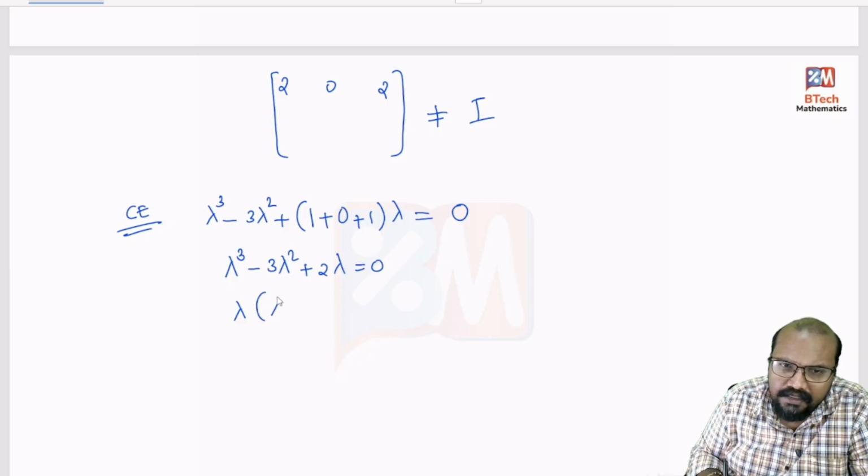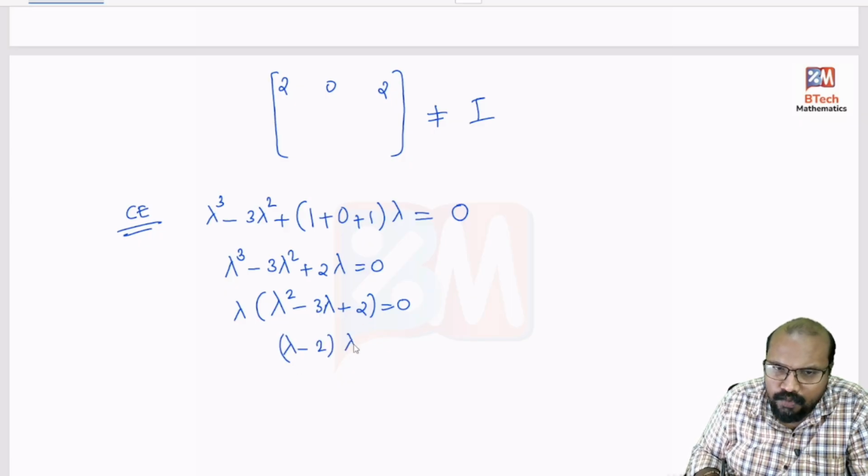Take lambda outside: lambda square minus 3 lambda plus 2 equals 0. Factorizing this, we get lambda minus 2 into lambda minus 1 equal to 0. Therefore, the eigenvalues are lambda equal to 0, lambda equal to 2 and lambda equal to 1.